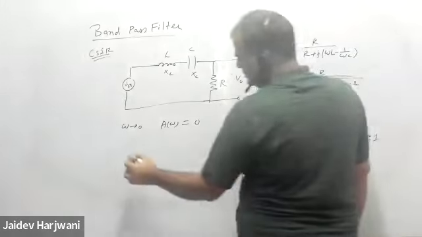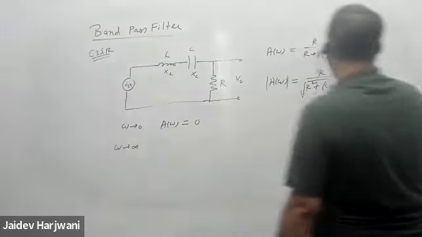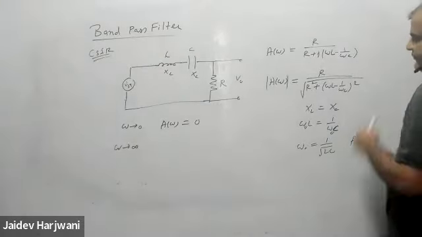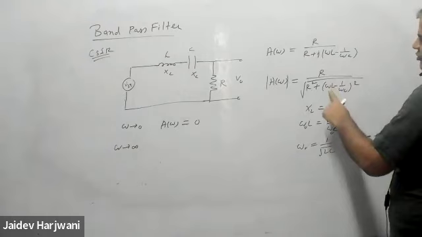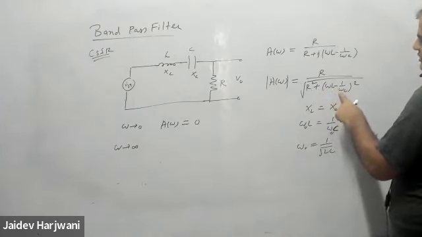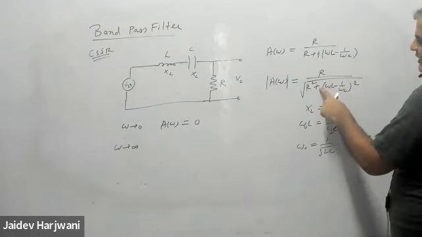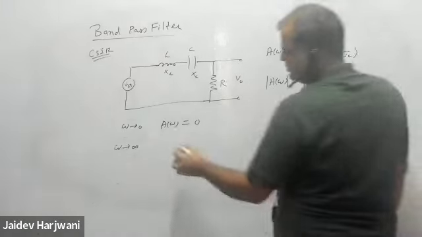Similarly, when omega tends to infinite, if you take omega common, this will be L minus 1 upon omega squared C. If omega is infinite, this becomes 0, so this also again will become 0.